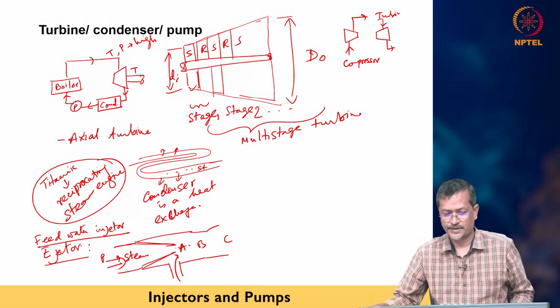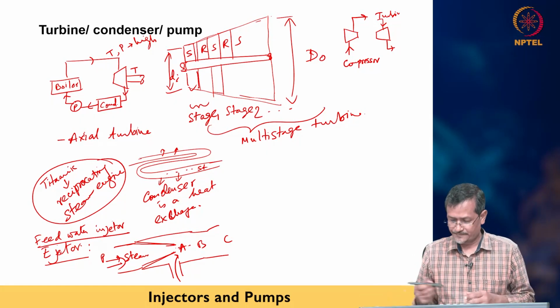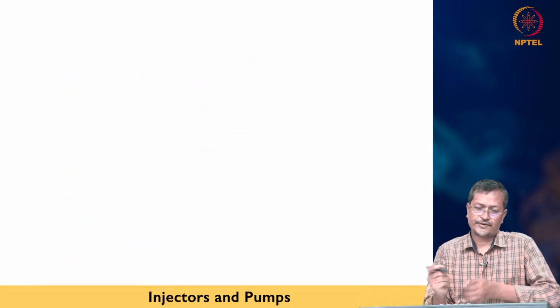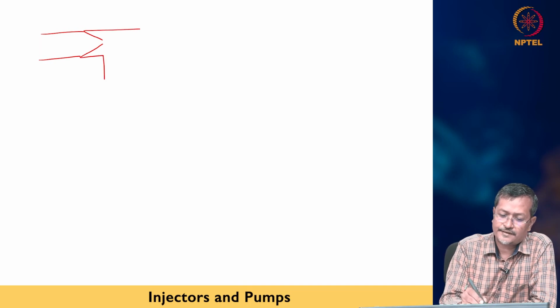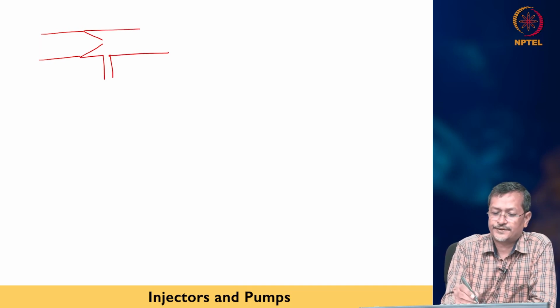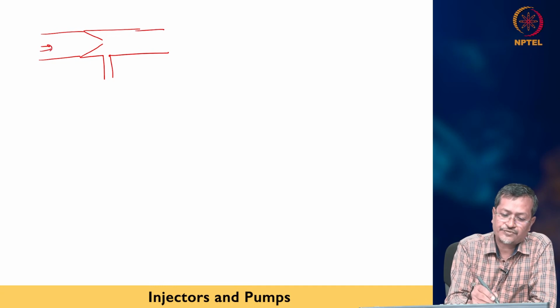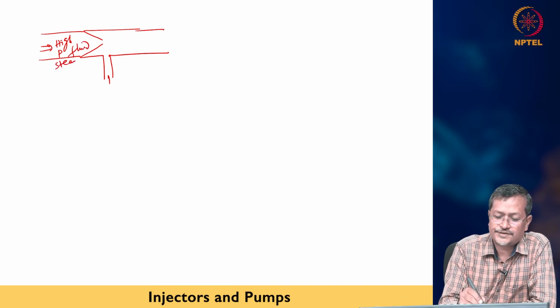Better I will draw another slide and I will explain. So ejector I will draw. Ejector is like this. One pipe is here, and you reduce size, make a nozzle, and make another arrangement. Okay, like this. So high pressure fluid or steam, okay, and this is water, feed water.